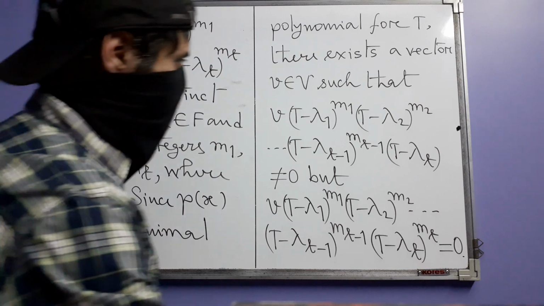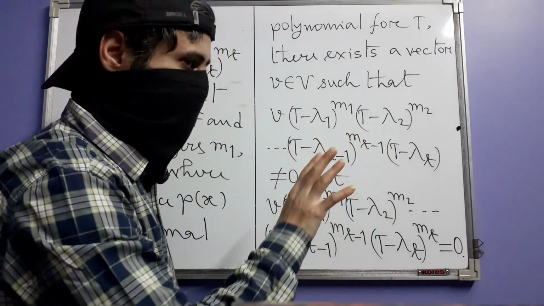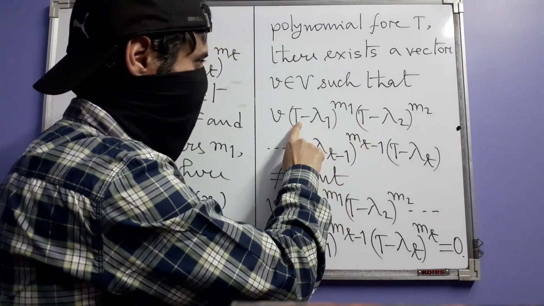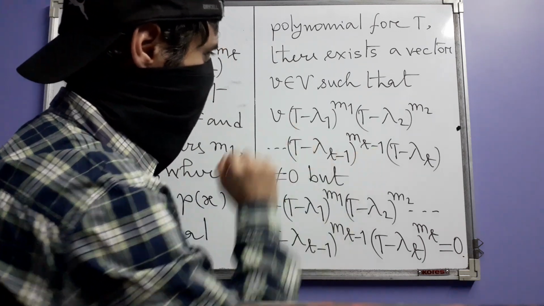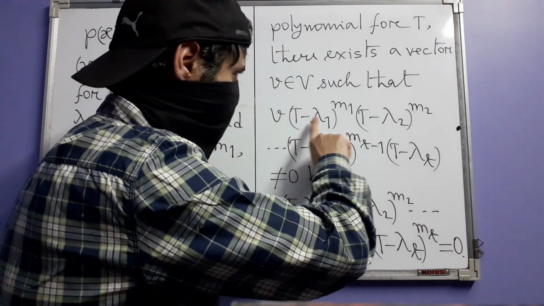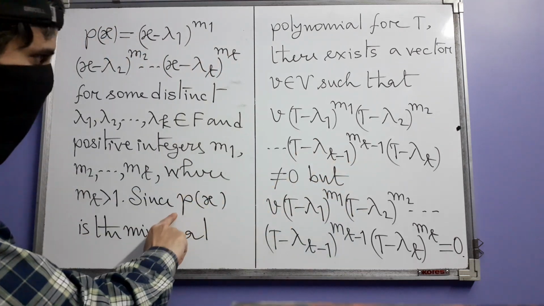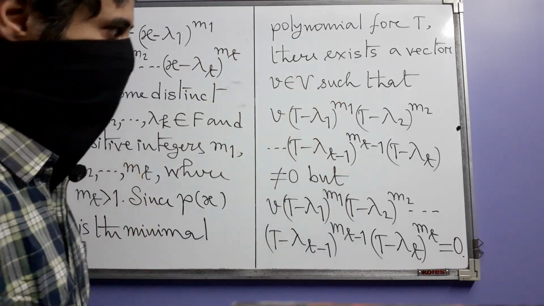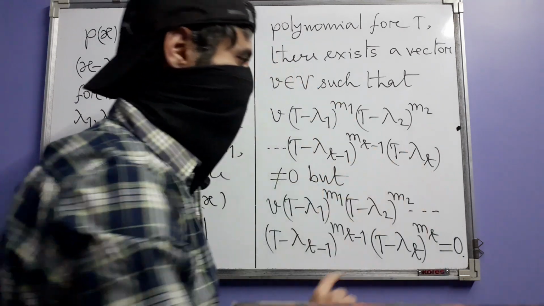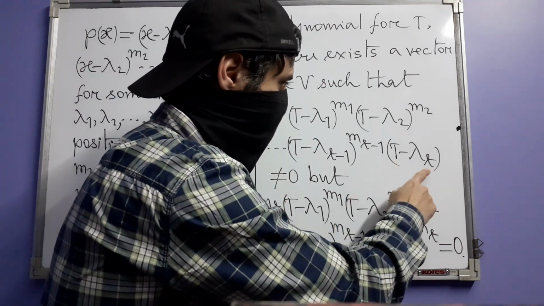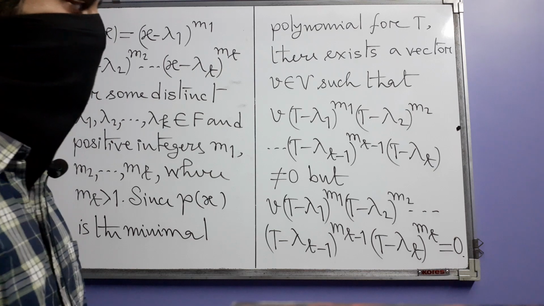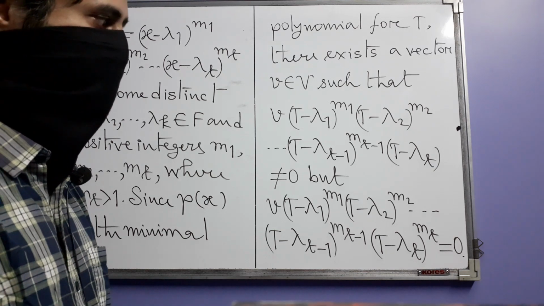One such polynomial is this one. Of course, this is not a polynomial because we do not have x here, but imagine the polynomial where in place of T you have x. You have almost all the factors of p of x here in this polynomial, except the last one is not the entire factor. In place of the last one, you just simply have T minus lambda t.